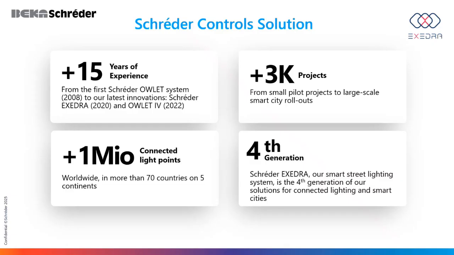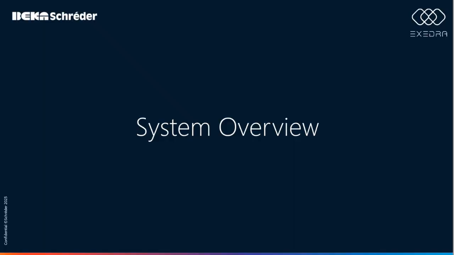There are over 1 million light points connected in different countries, and the fourth generation of our Exedra and iLED platform. This gives you the peace of mind that you're looking for as a customer. So let's go into some more detail.